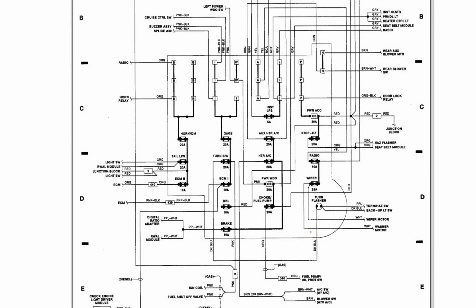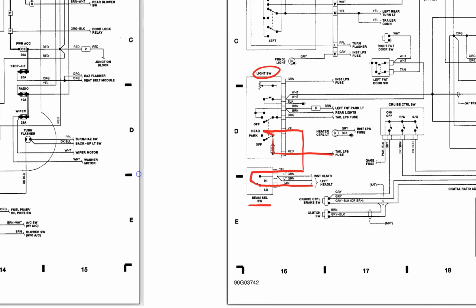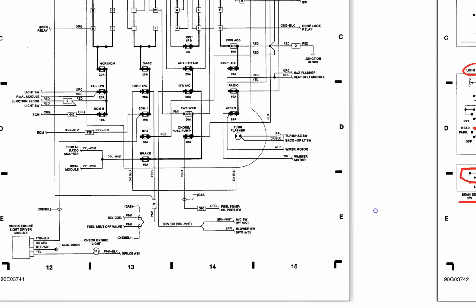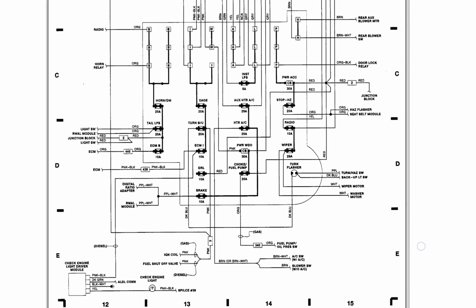So we're looking for, which one was it again? We're looking for a red wire going into the tail lamp's fuse. We need to find instrument cluster lamps, heater, choke, turn signal.